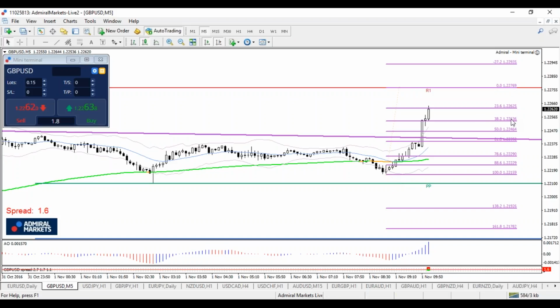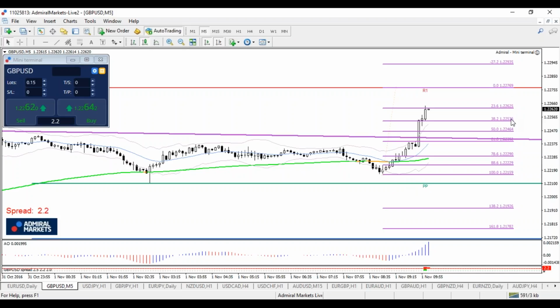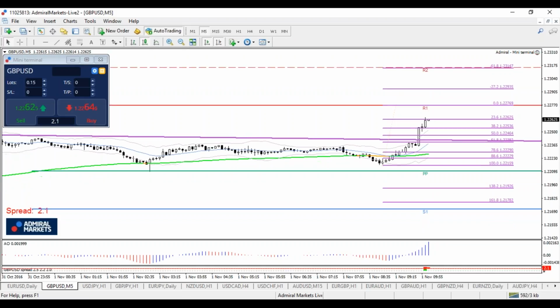And targets, probably 123.15. There's a nice R2 and minus 61.8 target.